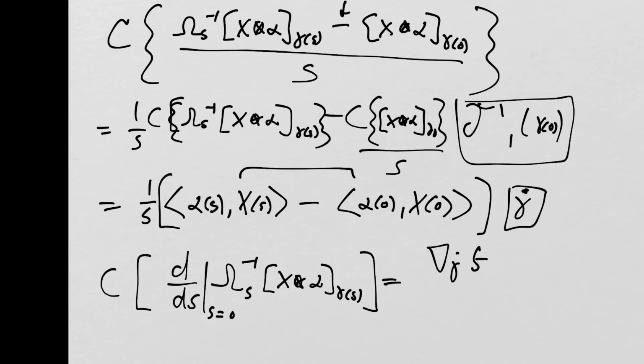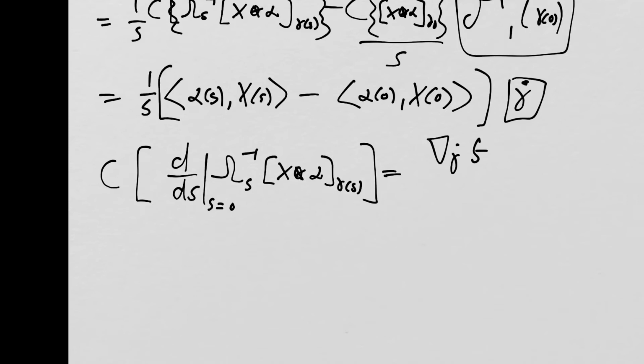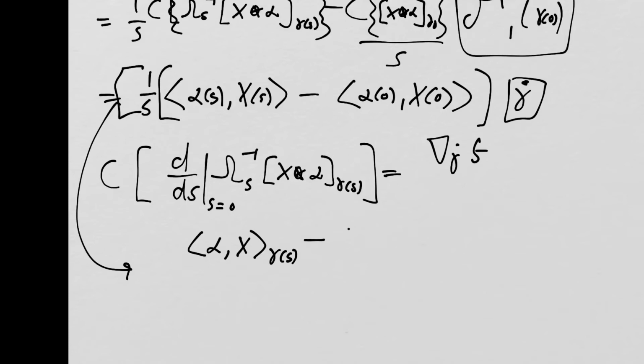So maybe the better way to look at it, because I'm having trouble pulling up the explanation very easily, let me rewrite this expression down here. I'm going to write it as alpha x evaluated at gamma s minus alpha x evaluated at gamma 0, divided by s. That's a little bit easier to understand because now you see that this term here is being evaluated along the curve gamma s.